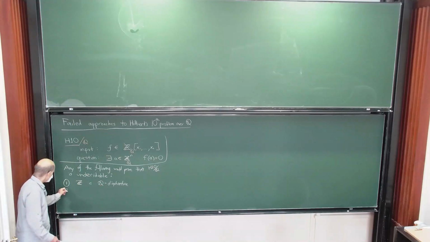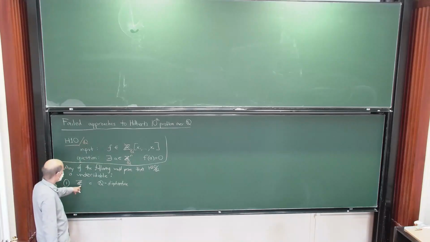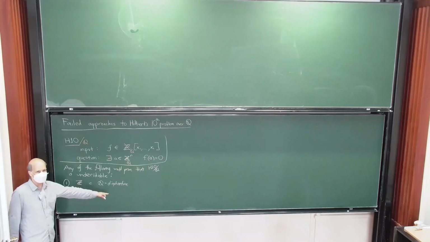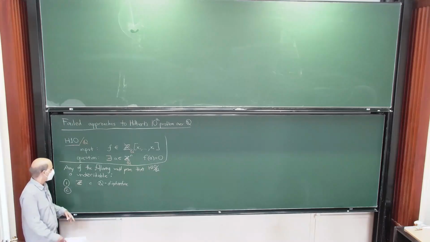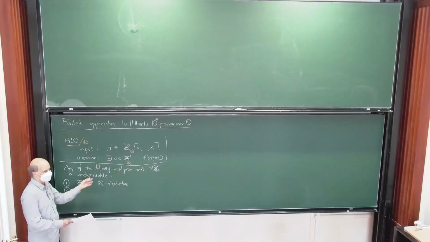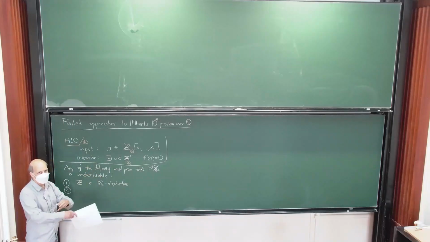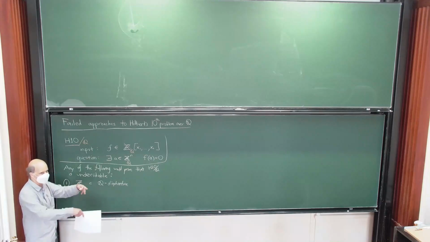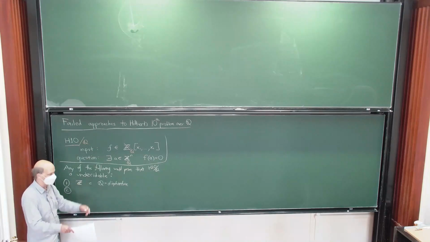But you could ask for something weaker than this. Instead of getting Z literally as a subset of Q being Diophantine, you could hope for some other subset that's in bijection with the integers, but for which you can simulate the addition and multiplication of integers.